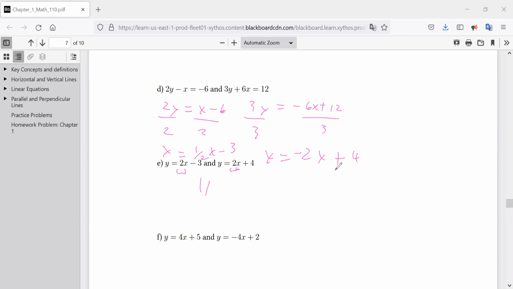So is this parallel, perpendicular, or neither? Perpendicular. Exactly. Perpendicular because 2 times negative 1/2 is equal to negative 1. So this becomes perpendicular, which is sometimes written that way.